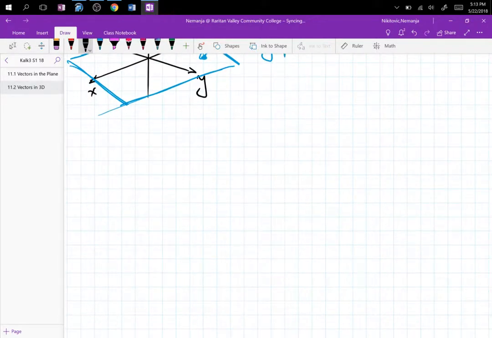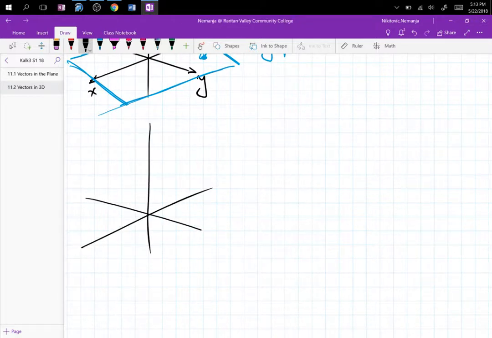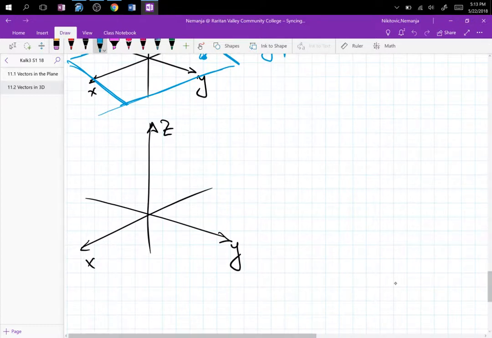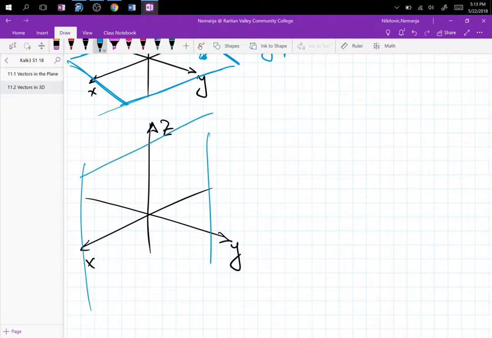The next one will be x and z. So this plane over here is the xz plane.